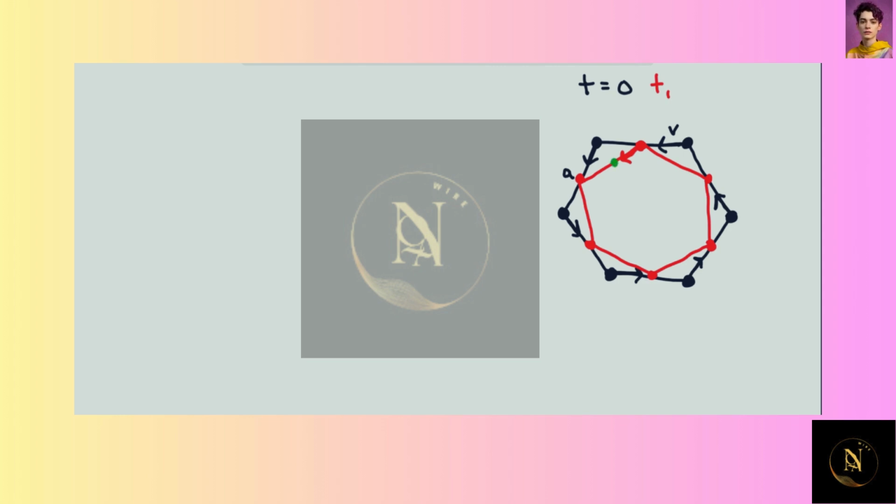They're going to keep moving, and sometime later, let's call it T2, they're going to have moved some distance in the direction of the red lines, and we can connect our green dots, particles together, to create our new hexagon. And the particles will be moving along the green lines.